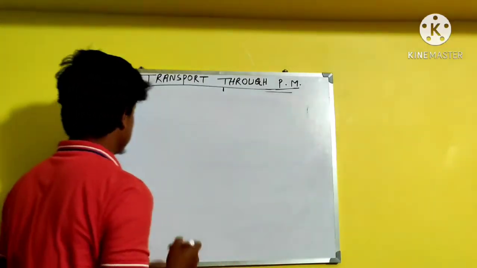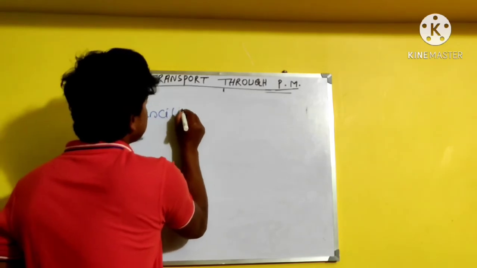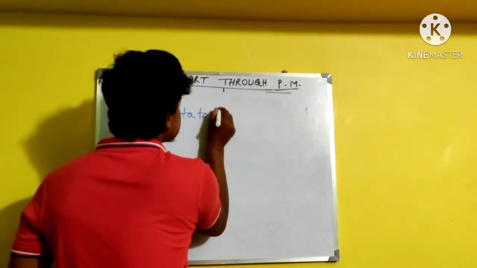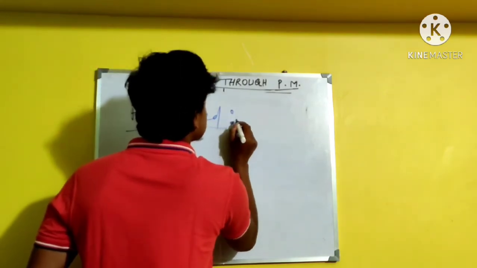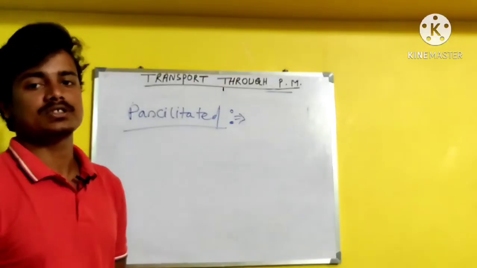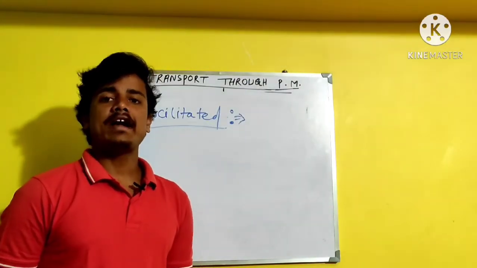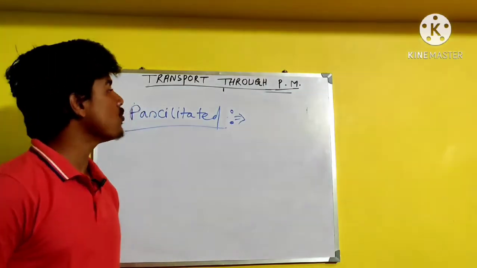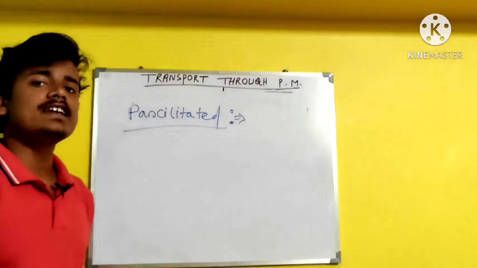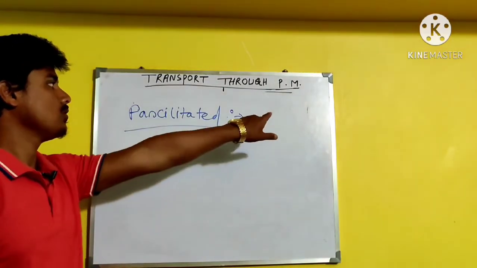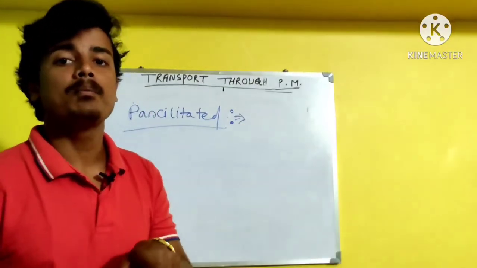Facilitated diffusion. What actually happens in facilitated diffusion? In this type of diffusion, ions, nutrients, or any kind of ligand can move through the plasma membrane with the help of a protein.